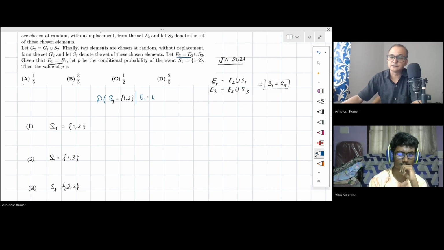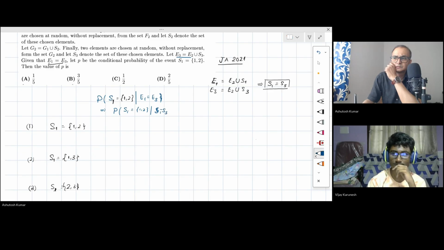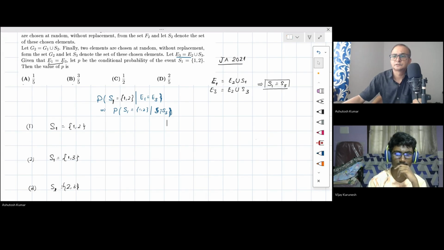But E1 equal to E3 is equivalent to S1 equal to S3. So we have to find the probability of S1 equal to 1, 2, given that S1 is equal to S3. Understood? Yes, sir. Okay, so that's the thing I have to evaluate.